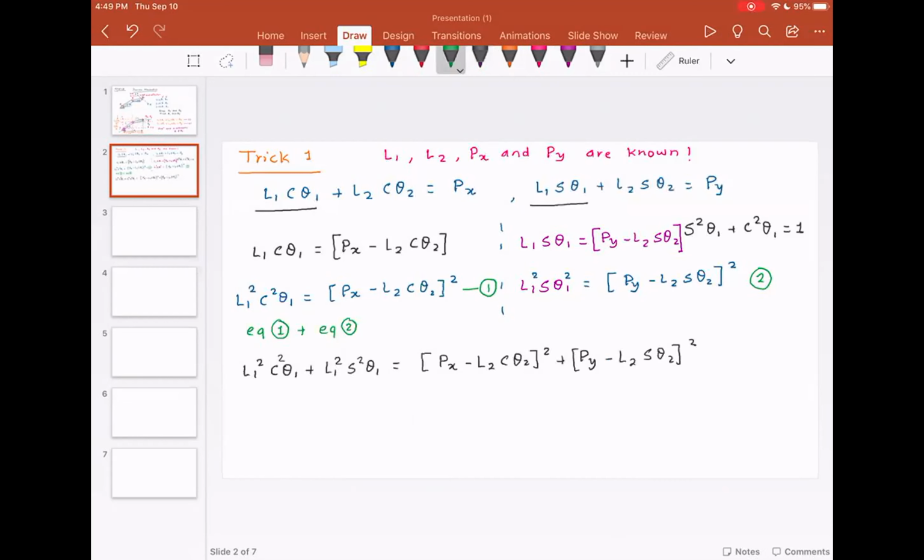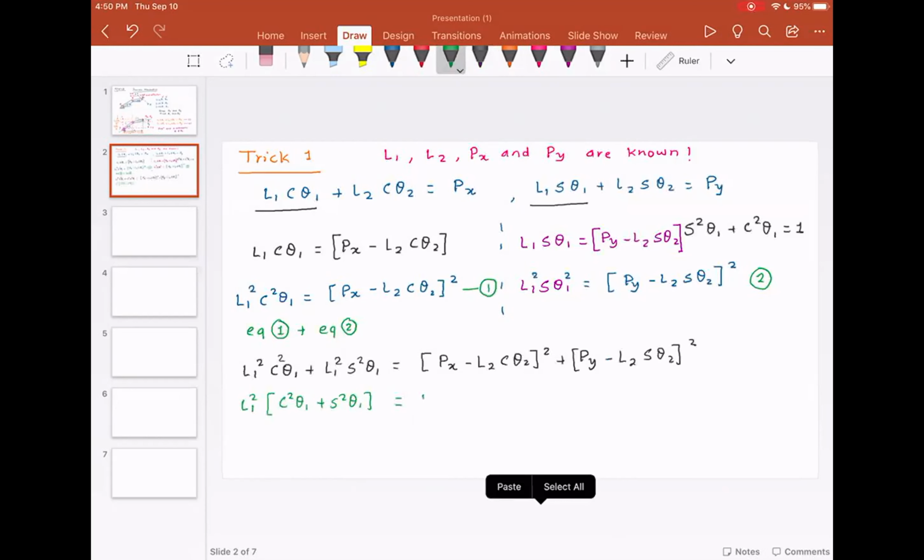Now L1 square can be taken outside, so you have cosine square theta 1 plus sine square theta 1. On the right hand side, you are going to have a quite long expression, but let's write that expression for a second.